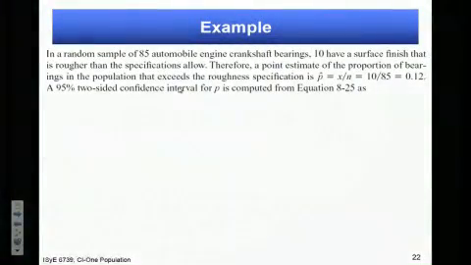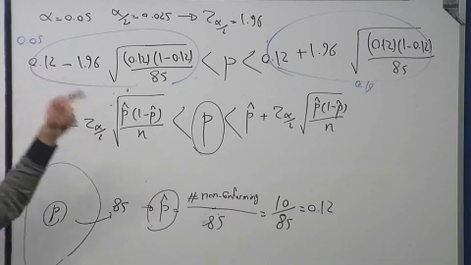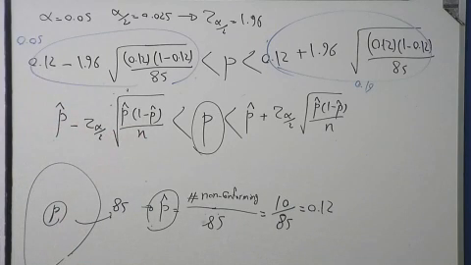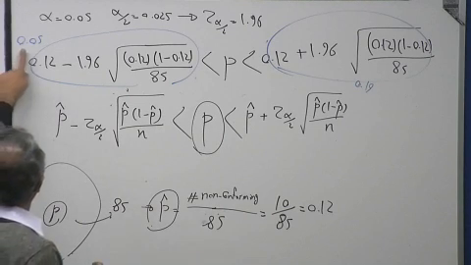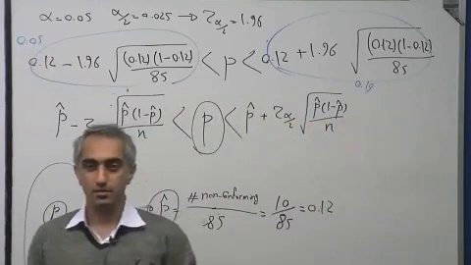I can say with a confidence of, let's say, 95%, the actual proportion of non-conforming parts in this process is between these two numbers, 0.05 and 0.19. Okay? And you can see the range is a little bit wide, because it ranges from 0.05 to 0.19.